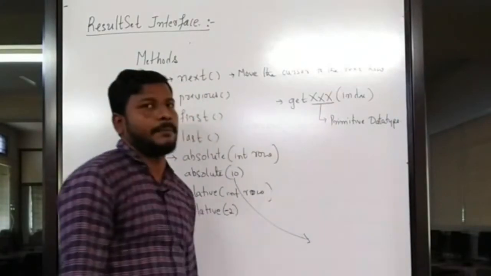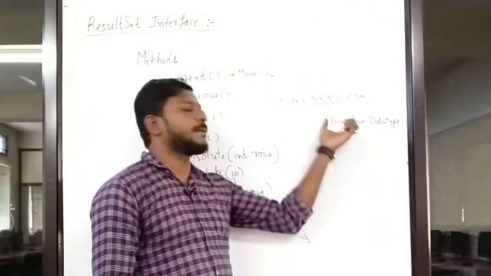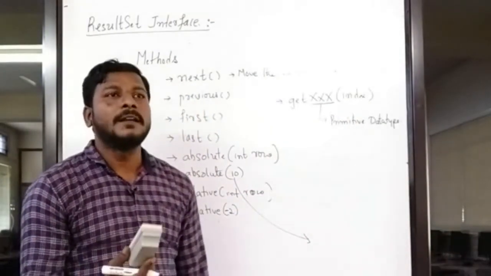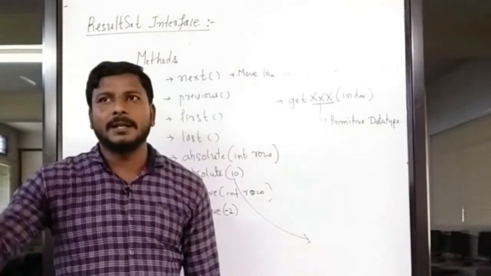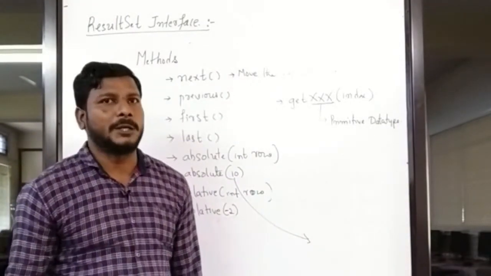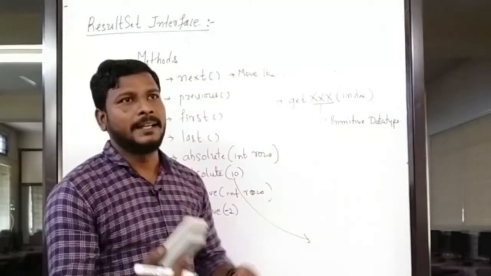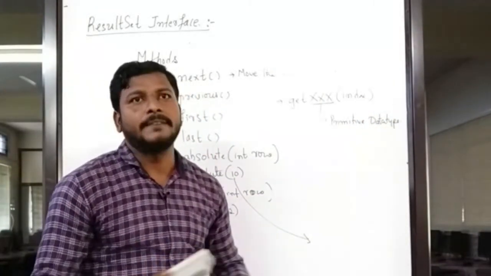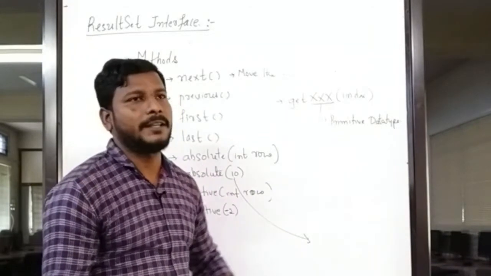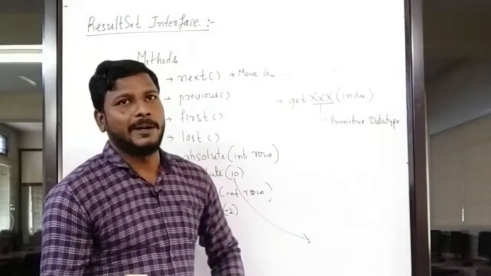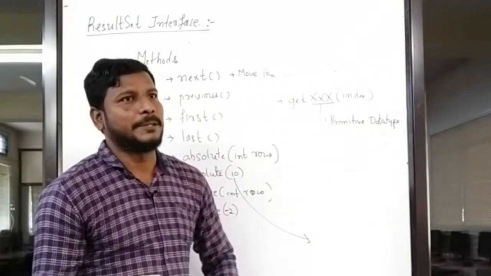You have to use the primitive data type depending on the data type of the particular column. Like you can use getInt if it is an integer, getString if it is a string, getDouble if it is a double, getShort if it is short, getLong if it is long, and getDate if it is a date, something like that.